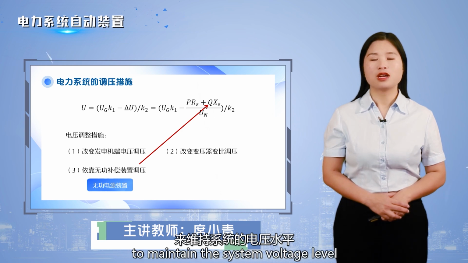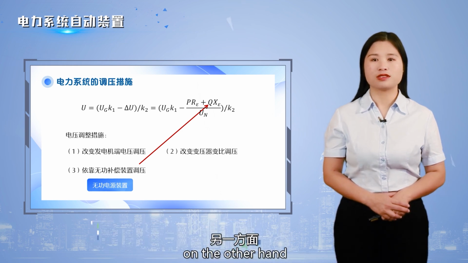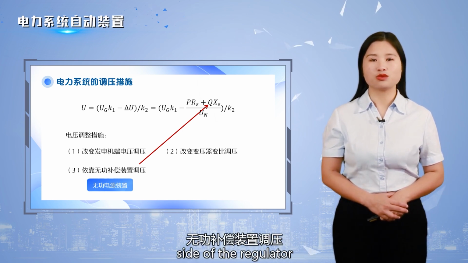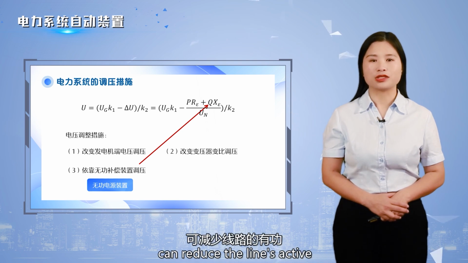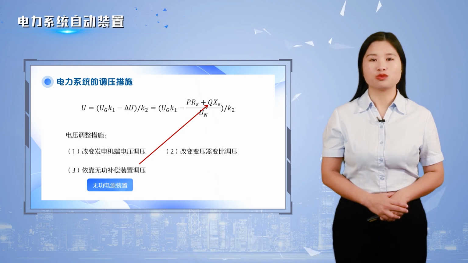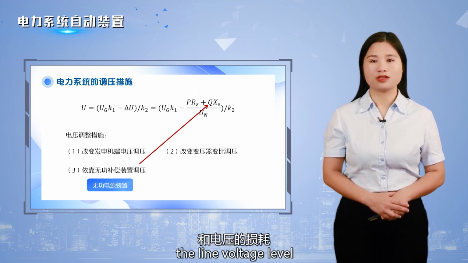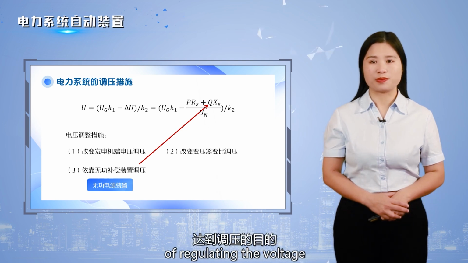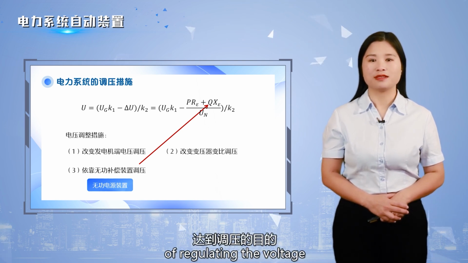On the other hand, relying on the reactive power compensation devices installed on the user side can reduce the line's active power and voltage losses, thereby increasing the line voltage level at the end of the line to achieve the purpose of regulating the voltage.